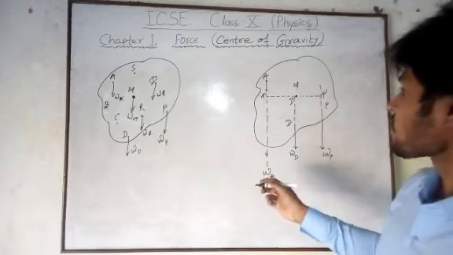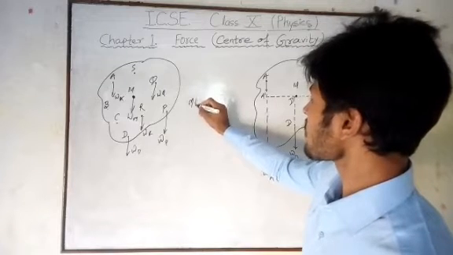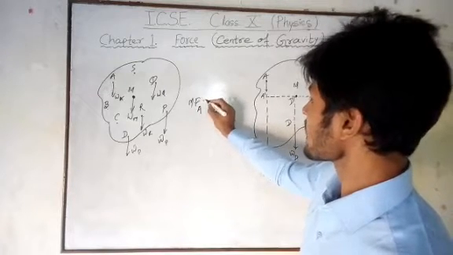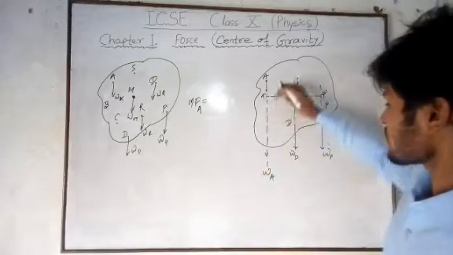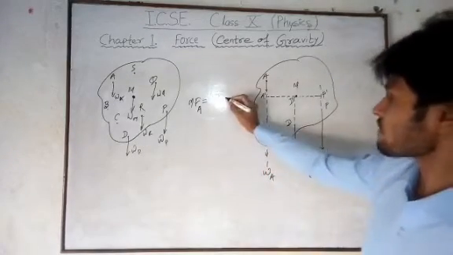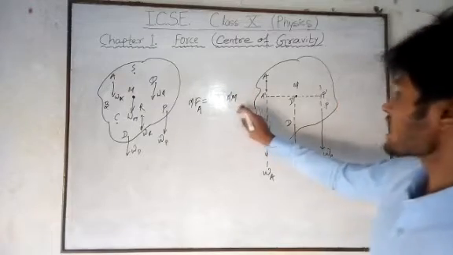So here we can calculate the moment of force. The moment of force at the point A is equal to WA, the weight, the applied force, into A dash M, which is the perpendicular distance.